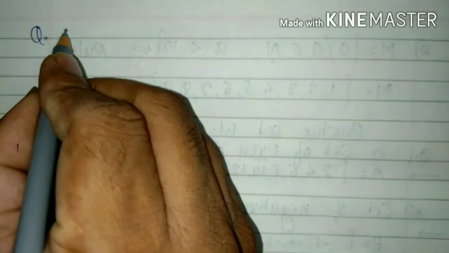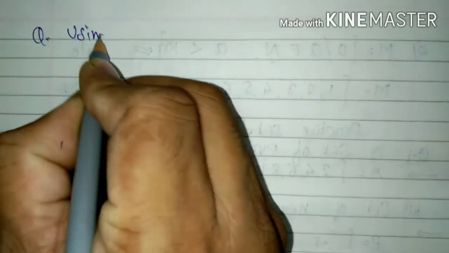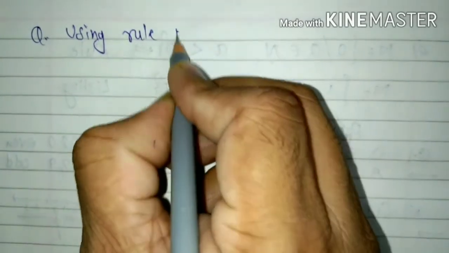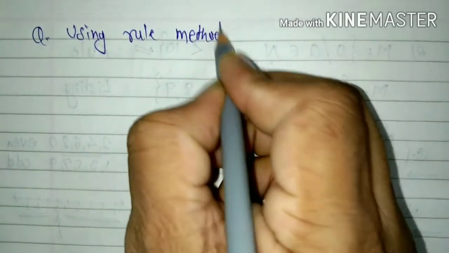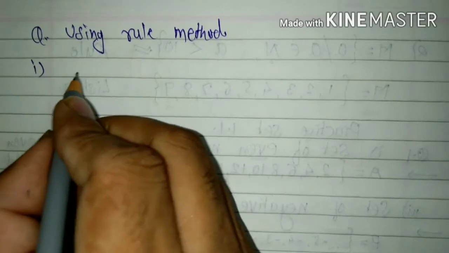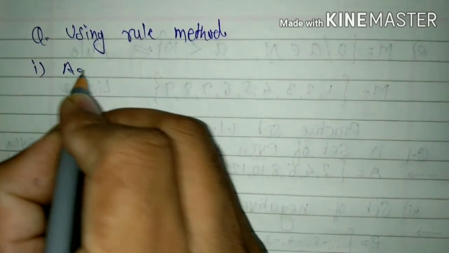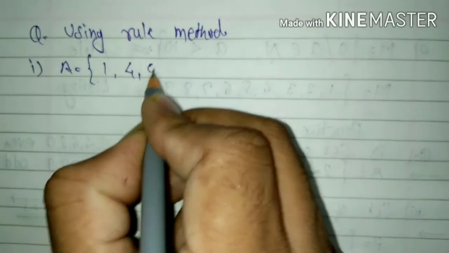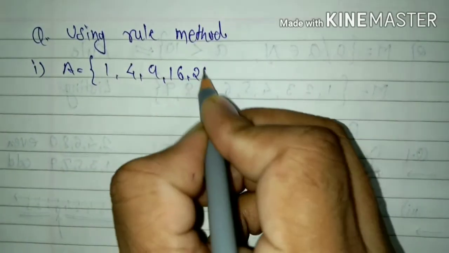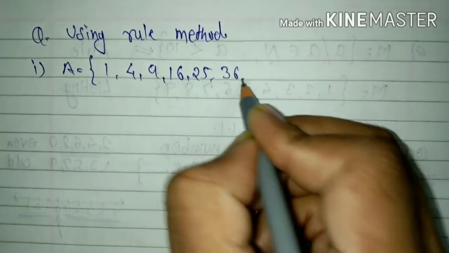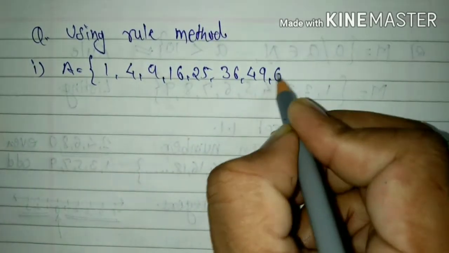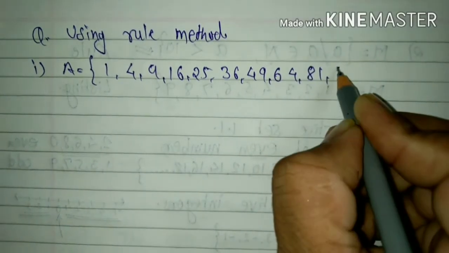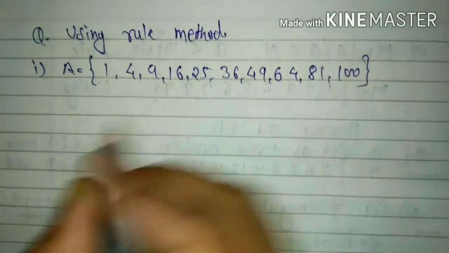Using rule method. Write using rule method. Okay, first one is A. It is a set of 1, 4, 9, 16, 25, 36, 49, 64, 81 and 100.